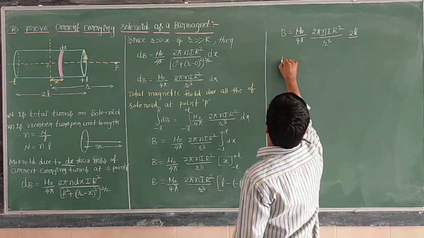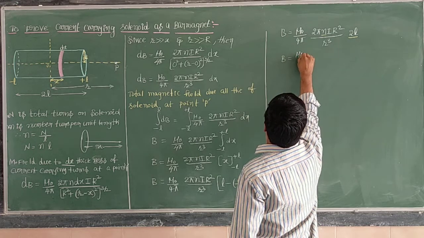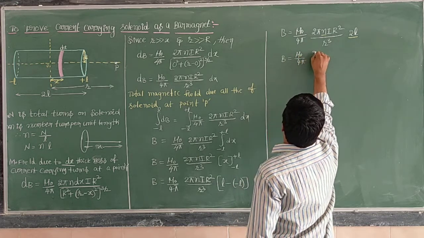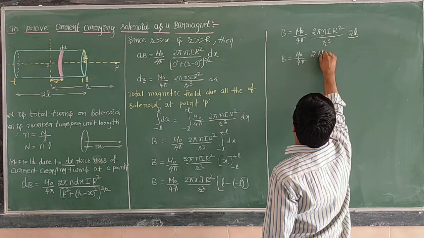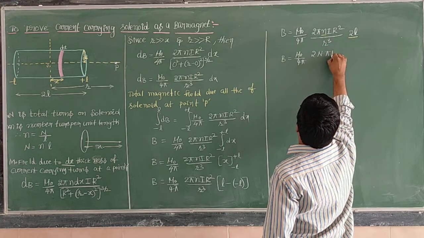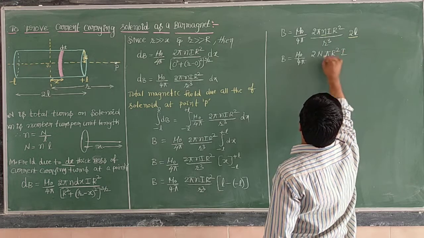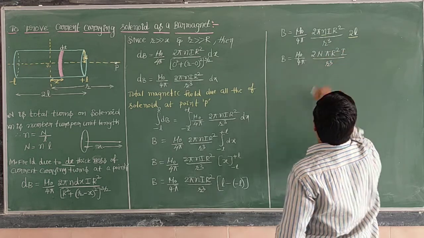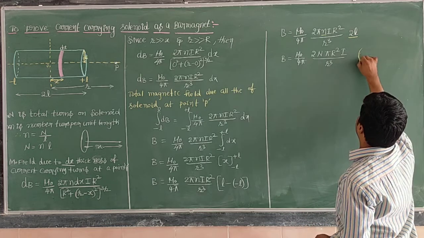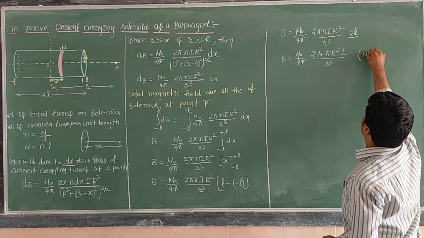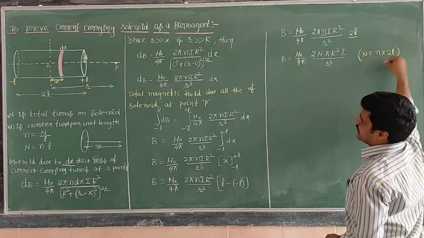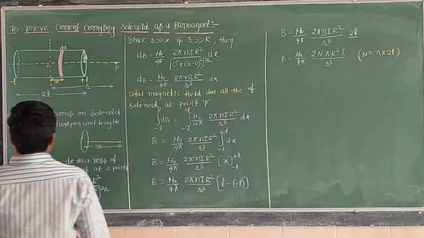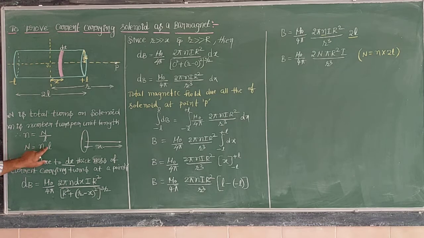So B is equal to mu naught by 4 pi into 2, n into 2L becomes capital N, into pi r square into I divided by r. Here capital N is equal to n into 2L. Here 2L or L, anyone is correct.